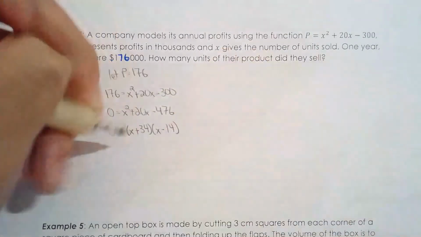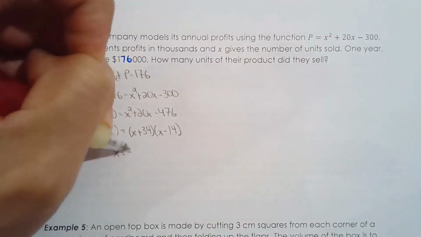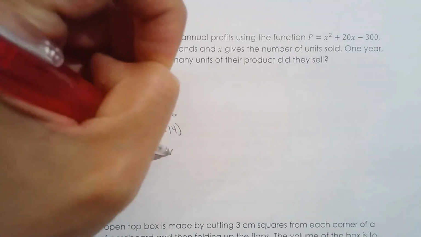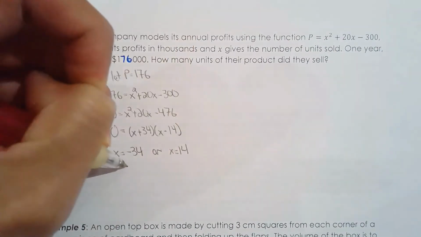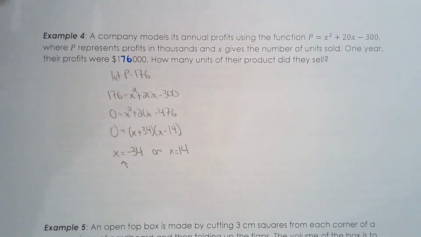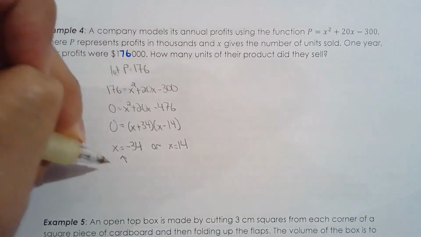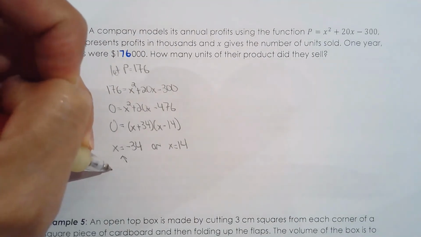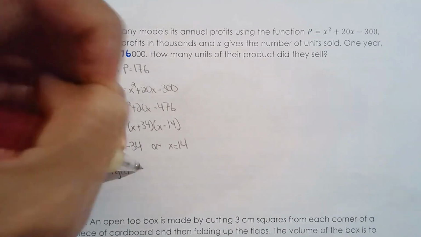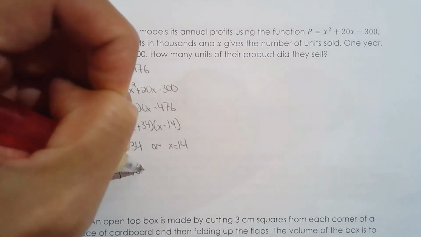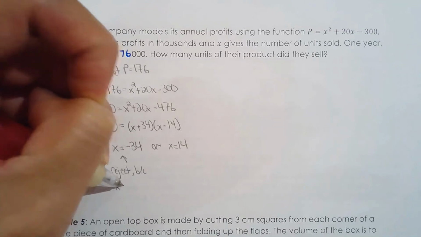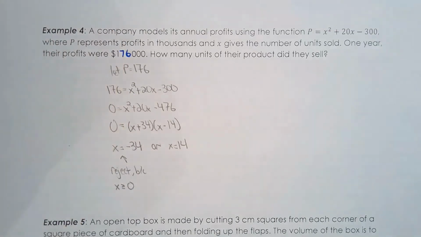So from the first factor, x plus 34, x is equal to negative 34, or x is equal to 14. Well, this makes no sense. I can't sell negative units of products. So reject, because you can sell nothing, I guess, but you can't sell less than nothing. It makes no sense.